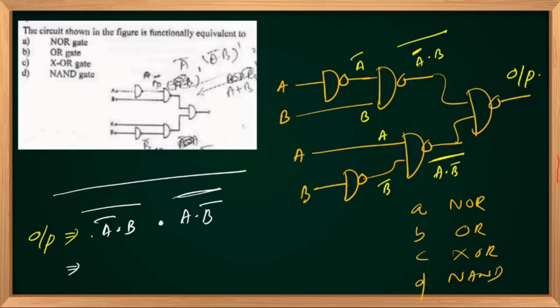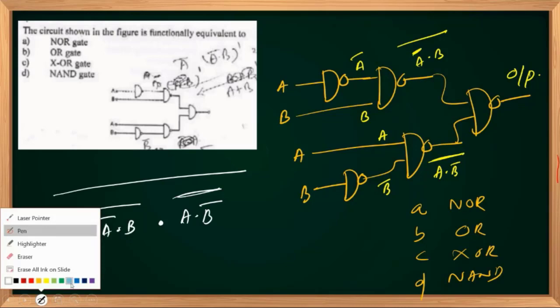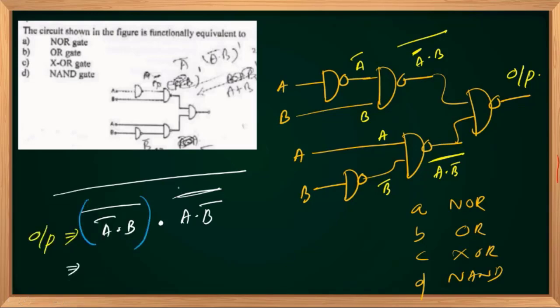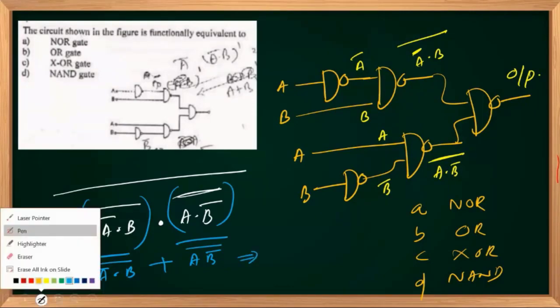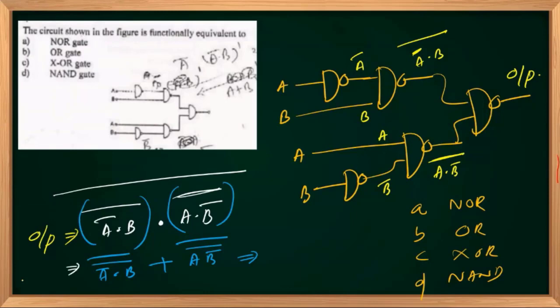Right? So these are individual terms. Complement of a product is equal to the sum of their individual complements. So A bar dot B, the whole bar, plus A dot B bar, the whole bar, the whole bar. Double bars will cancel each other.